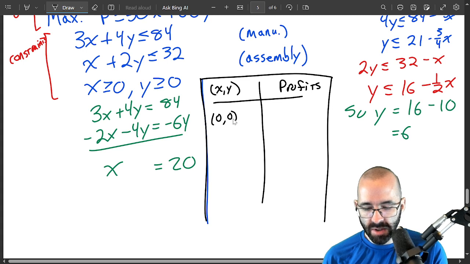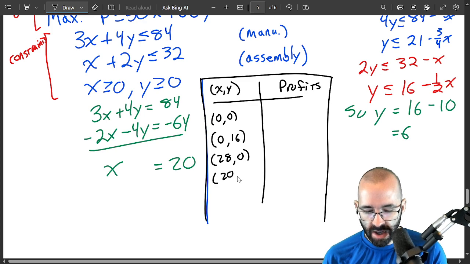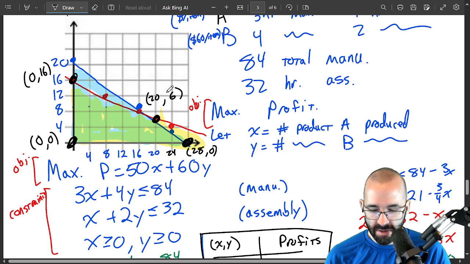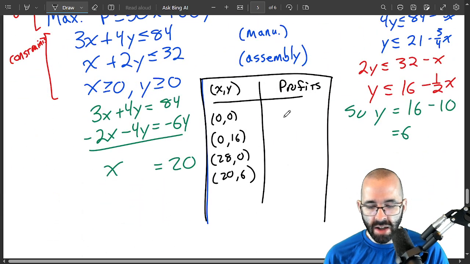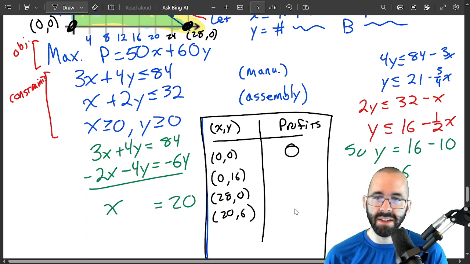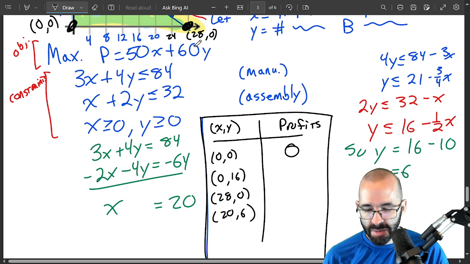So our points were 0, 0, 0, 16, 28, 0, and 20, 6. Let me just double check. Great. Plug each of these into our profit function. So $50 for 0 and $60 for 0, that's a profit of 0. That's not very good. 50 times 0 and 60 times 16.